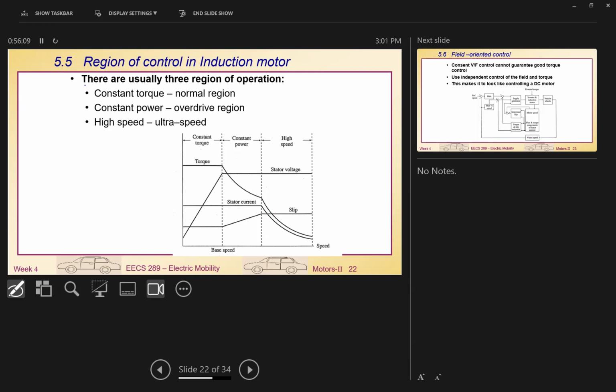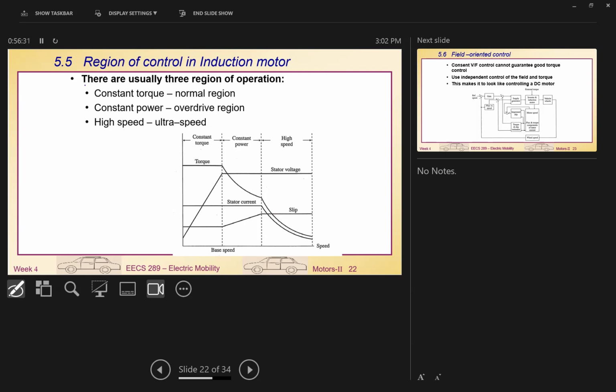There is a mechanism here by which you can weaken the field; voltage is unchanged and frequency is increasing, so the field must be weakened to allow the motor to continue increasing the speed. So that's called the field weakening region, and it appears in all motor drive systems.